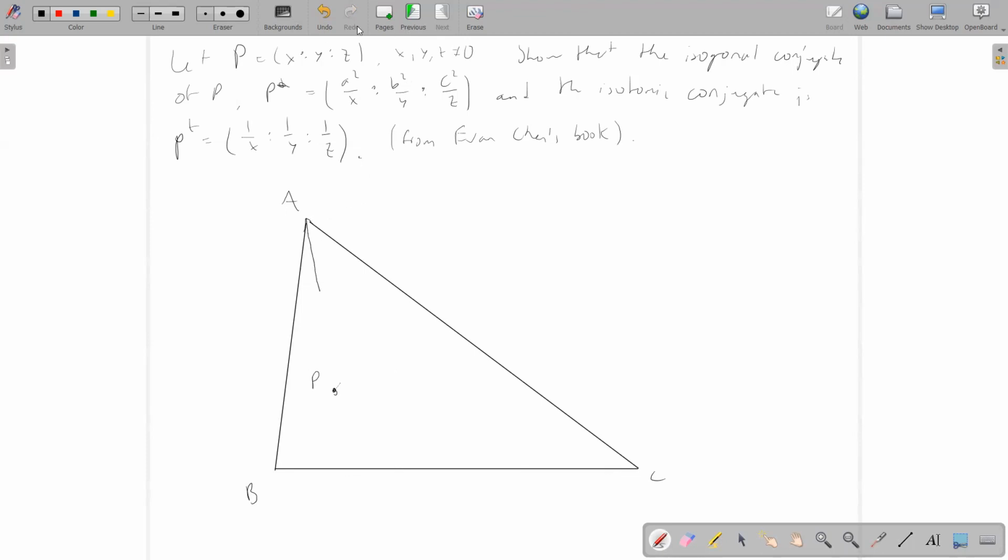The isogonal conjugate is if you draw these lines, the Cevians through each vertex passing through P. You have some angle here, one. Consider the line that makes the same angle but with the other side. Then you have here some other angle, two. Consider the line here that makes the same angle but with the other side, i.e. the reflection across the angle bisector.